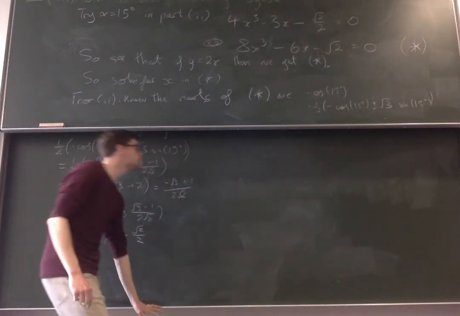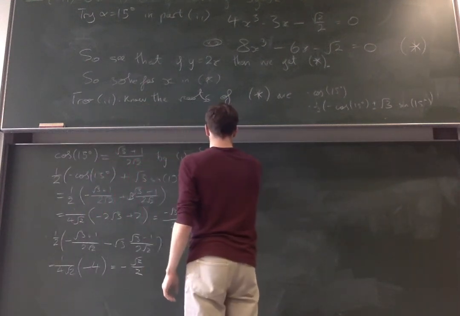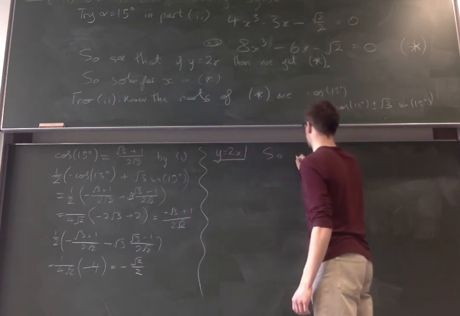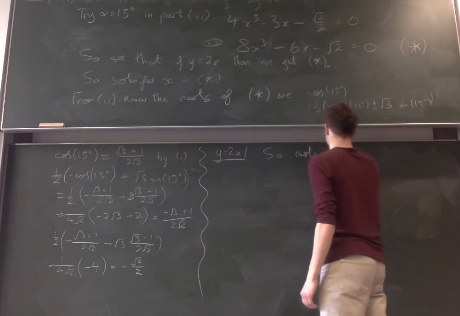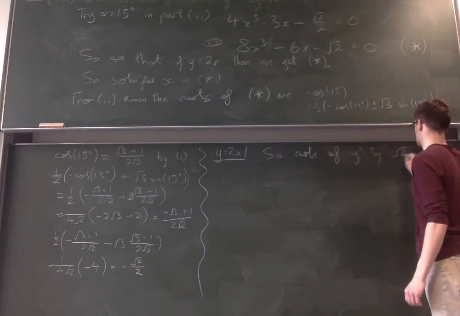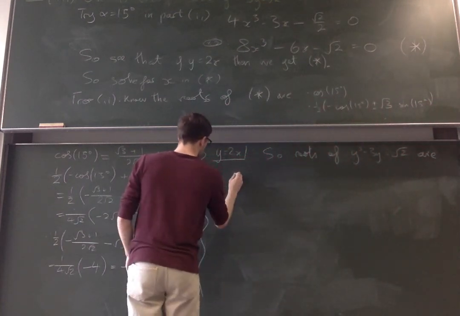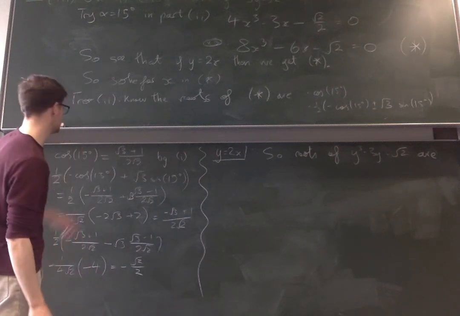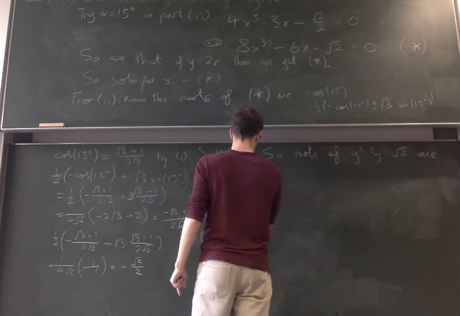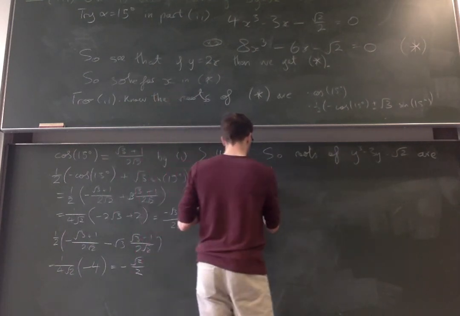We're almost there. Okay, so the roots of y cubed minus 3y minus 2 are, where was it? This one multiplied by 2, because it's y equals 2x, sorry.